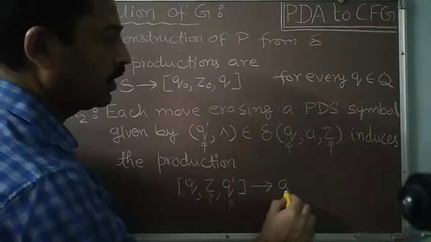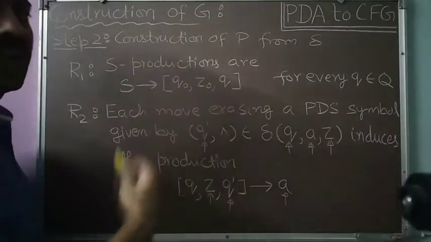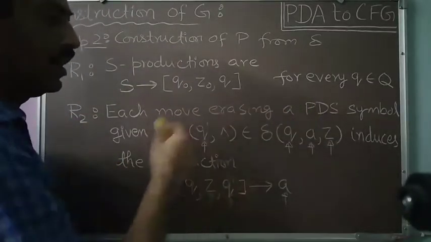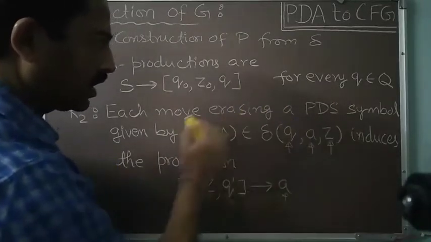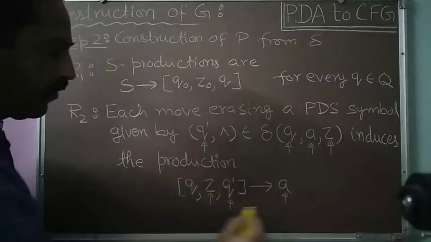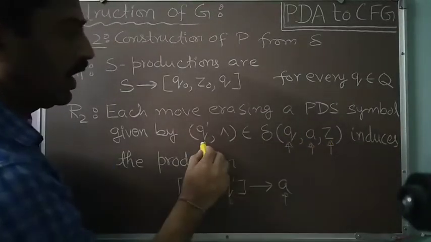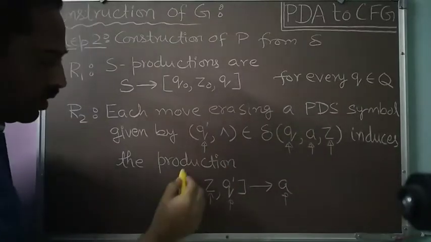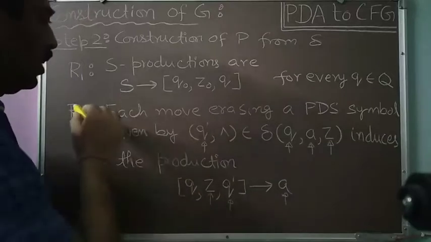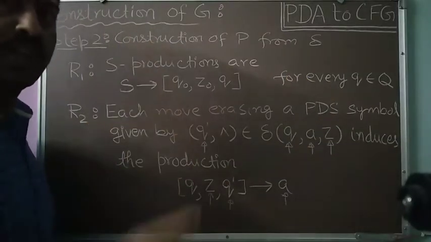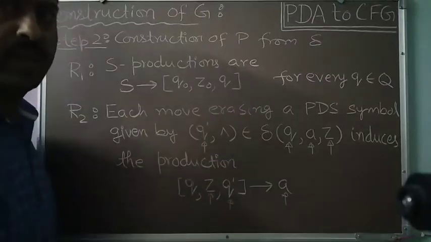And a is nothing but the input symbol which we consume from the input in taking this particular transition. In this manner, from this erasing move, we can find the format of the production which is required: [q, Z, q dash] to a. So each erasing move will induce one production of this particular format.